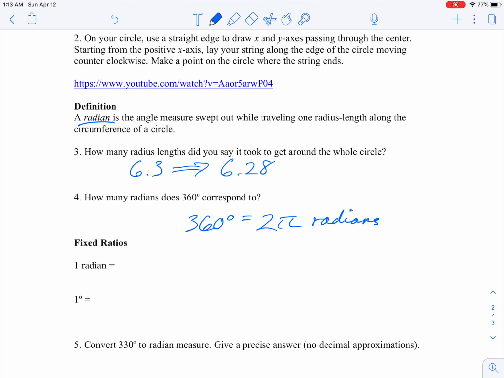Now, we frequently have to convert between radians and degrees, so developing a fixed ratio for these two is very valuable. To do so, if we want to find what 1 radian is in degrees, we would need to divide both sides of this equation by 2 pi. So let's do it.